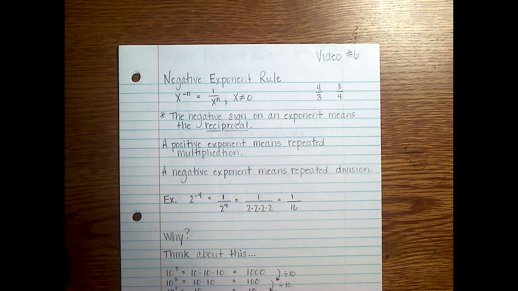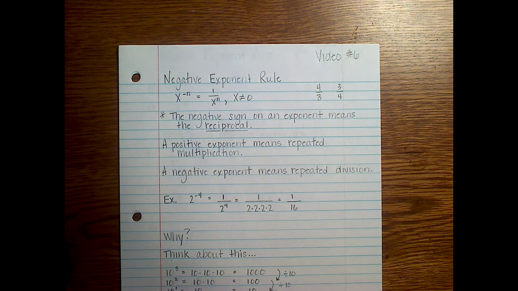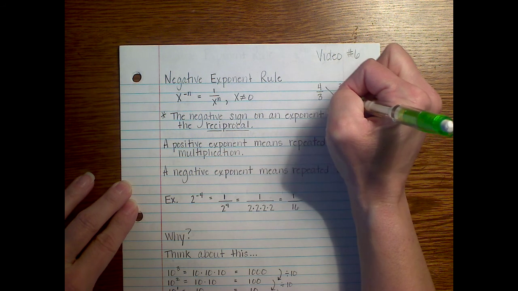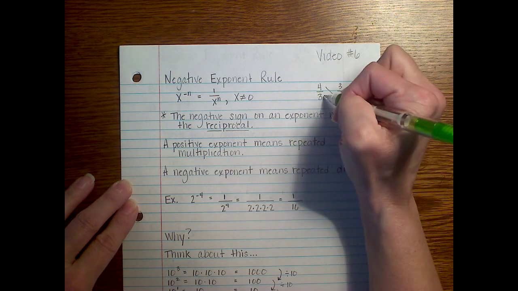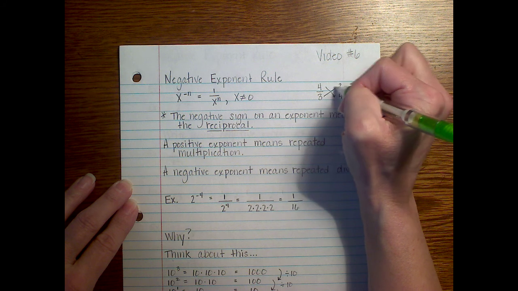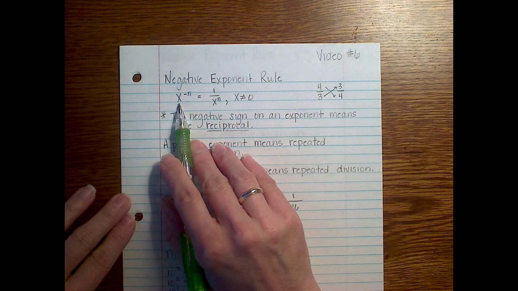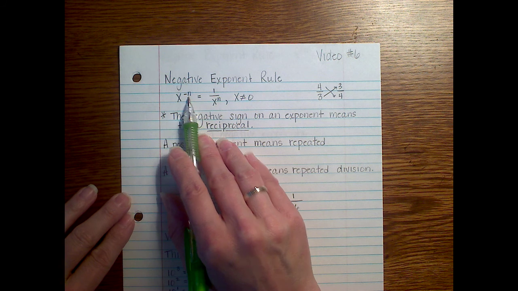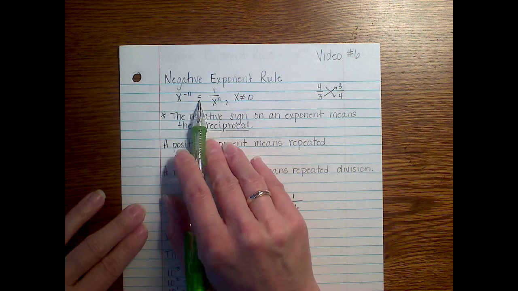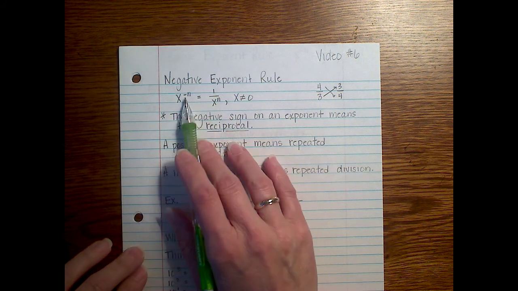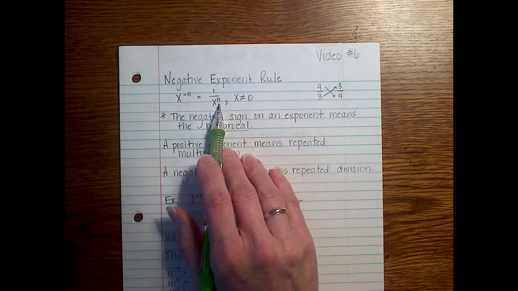Some of you called it the flip-flop, some of you called it flip reciprocal, where our numerator becomes the new denominator and our old denominator becomes the new numerator. So we're going to flip these. x to the negative n is equal to 1 over x to the positive n. Because we're doing that flip, we're going to also change the signs, okay?